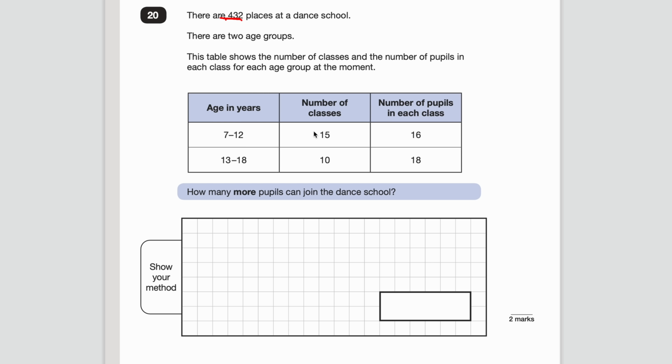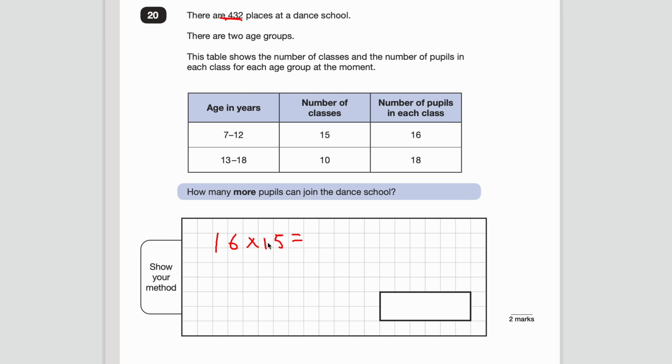So there are 15 classes here in age 7 to 12, and there are 16 pupils in each class. So to find out how many 7 to 12-year-olds there are, we need to do 16 multiplied by 15. This is a fairly simple calculation, but if you do need to do some working out, you can. There's loads of different methods you can use, but I'm looking for tricks.